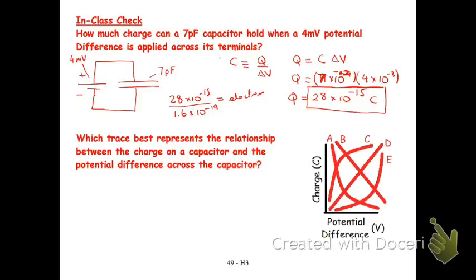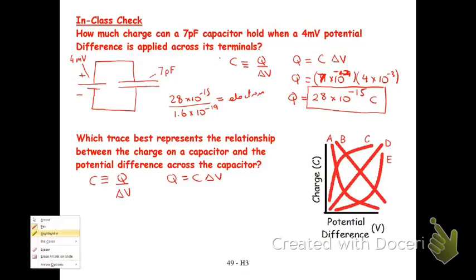Okay, so we have that, and then which trace best represents the relationship between the charge on a capacitor and the potential difference across the capacitor? So C is defined as my charge over my potential difference. And I want charge, so charge is equal to C times my potential difference. And what I find with this is, people often struggle with these things, and there's really not that much need.